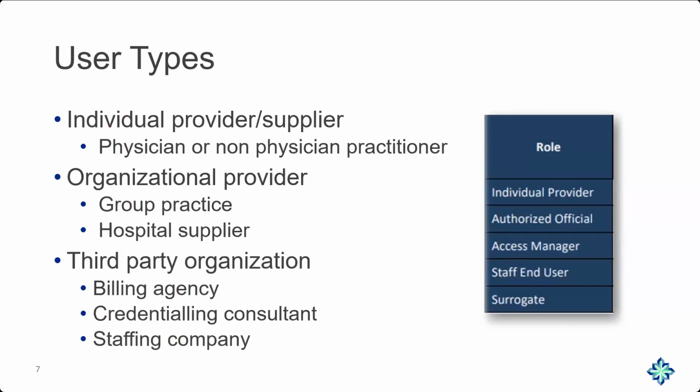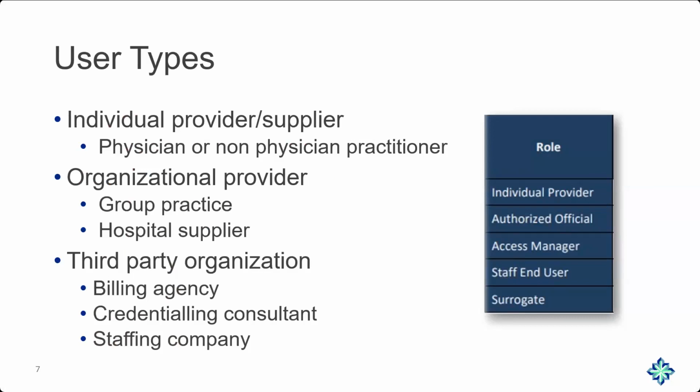So next, we do want to talk about user types, and there are multiple user types available through the I&A system. And they include the individual provider, which we'll talk about the definitions here in a second, the authorized official, someone who is an access manager, a staff end user, and a surrogate.